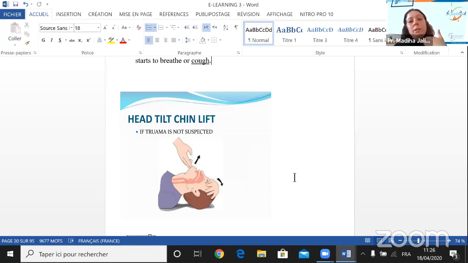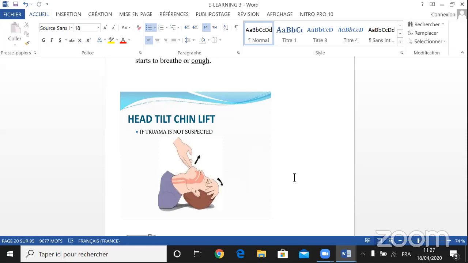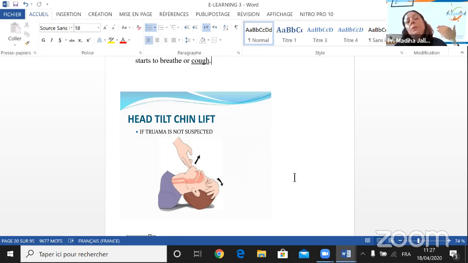Is the chin downward or upward? Upward. Okay, so this is the position of the head you choose. You choose the head to be placed backward, and the chin, of course, will be lifted, raised upward.